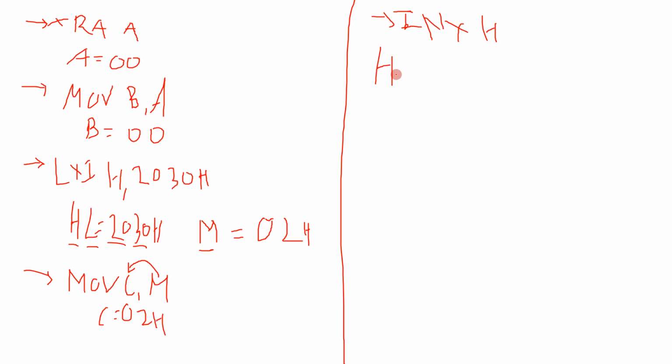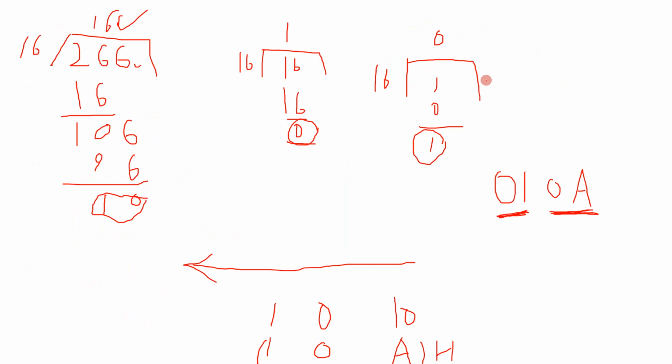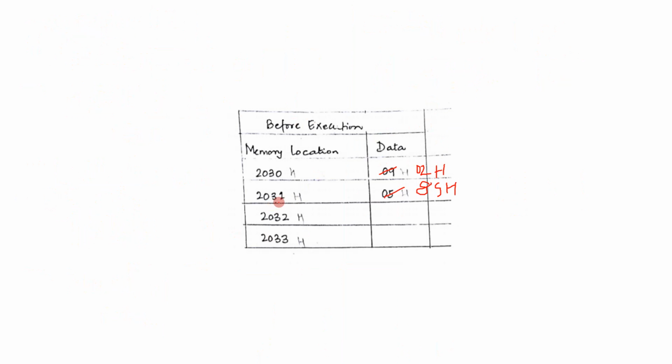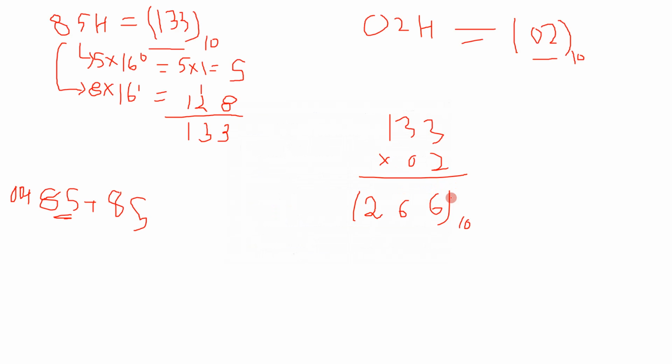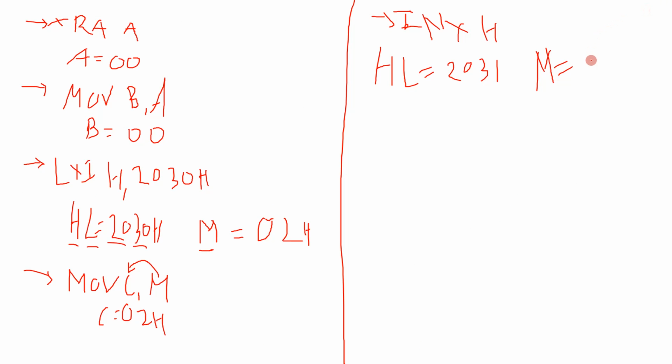After adding 1 to 2030, we will get 2031. We know HL is used to point to the contents of a memory location, so there is M value. What is there at 2031? At 2031, there is 85H.